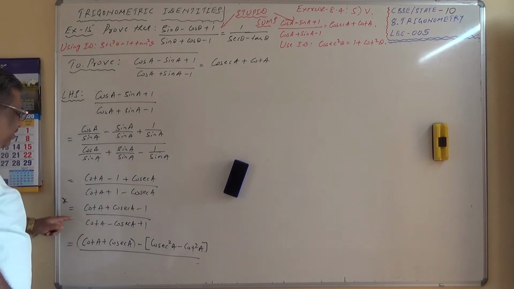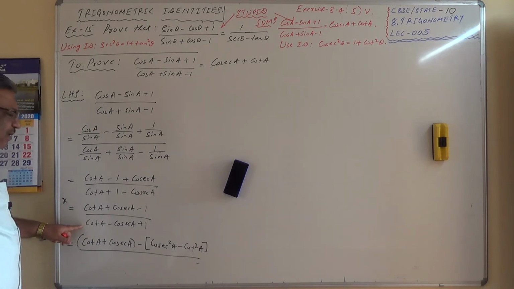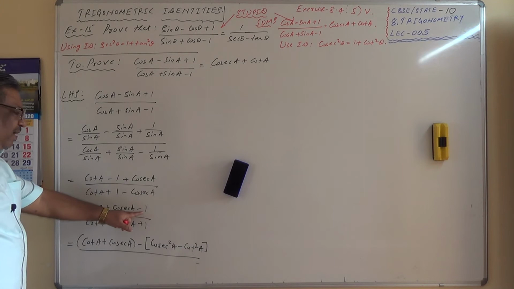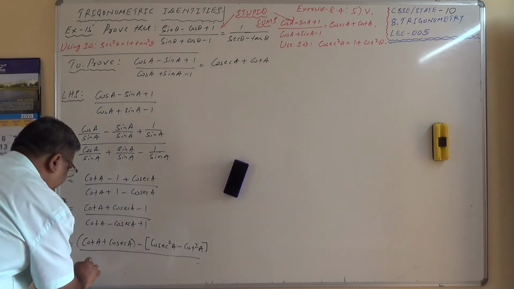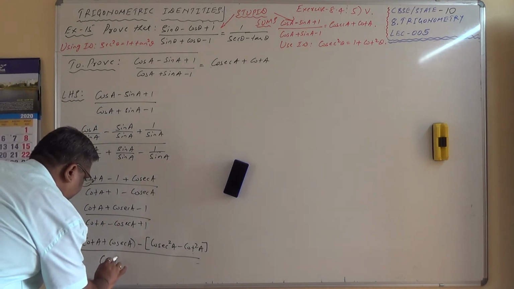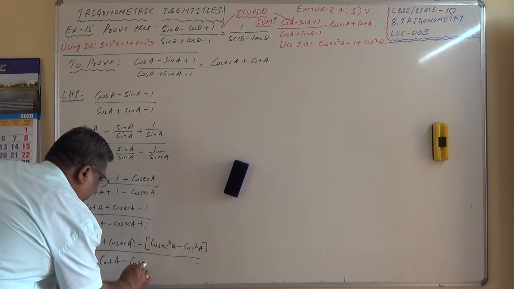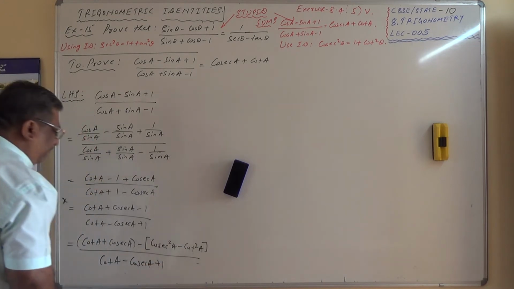Do not change anything in the denominator, only in the numerator the 1 is changed with cosec square A minus cot square A. So the denominator, keep it as it is, cot A minus cosec A plus 1.